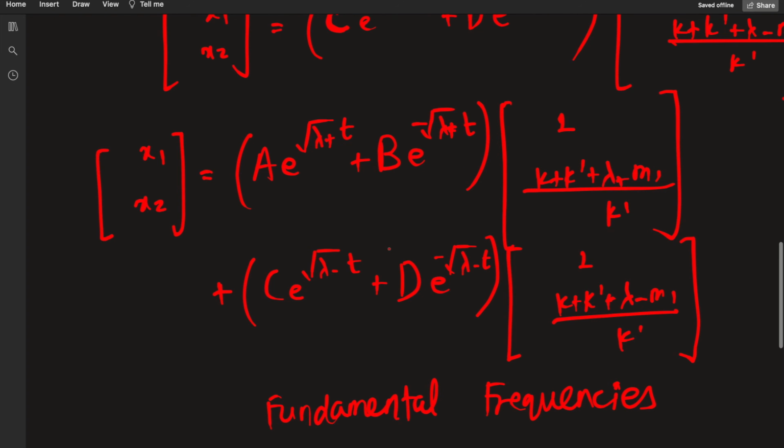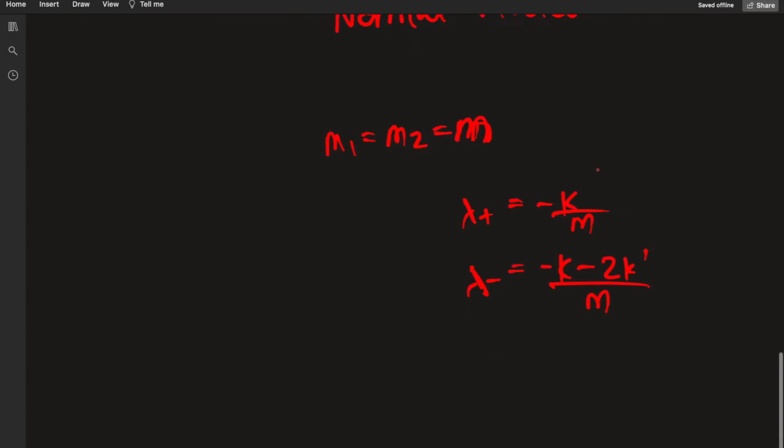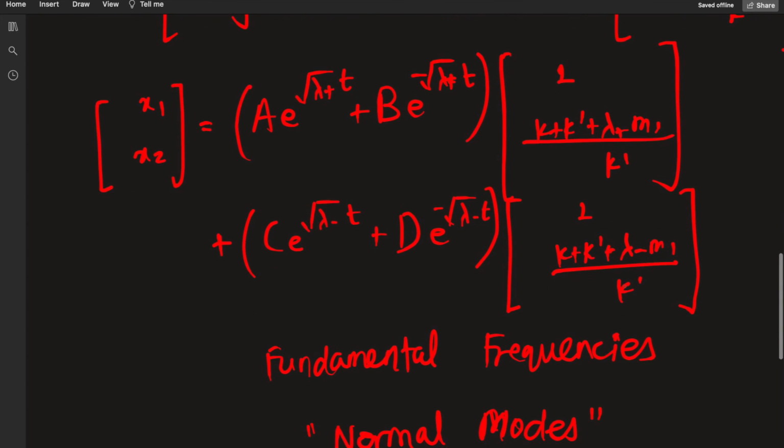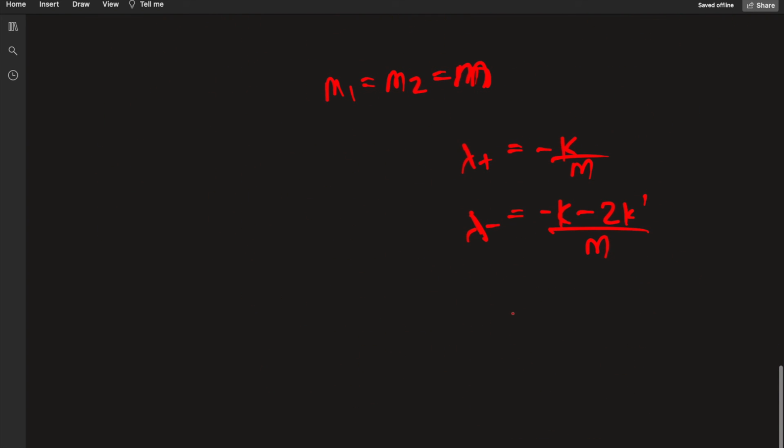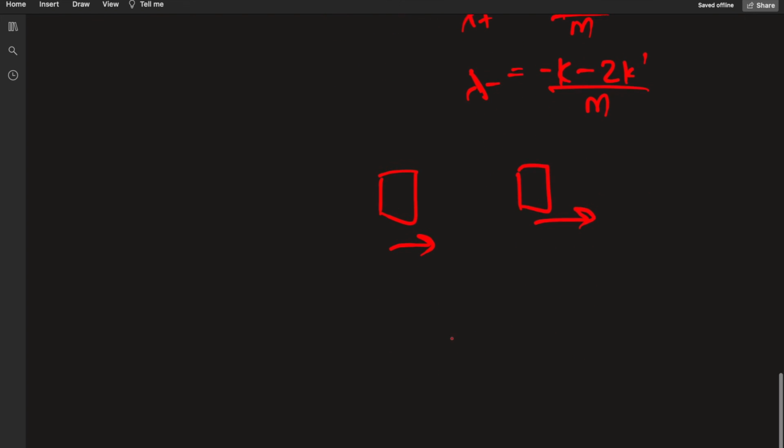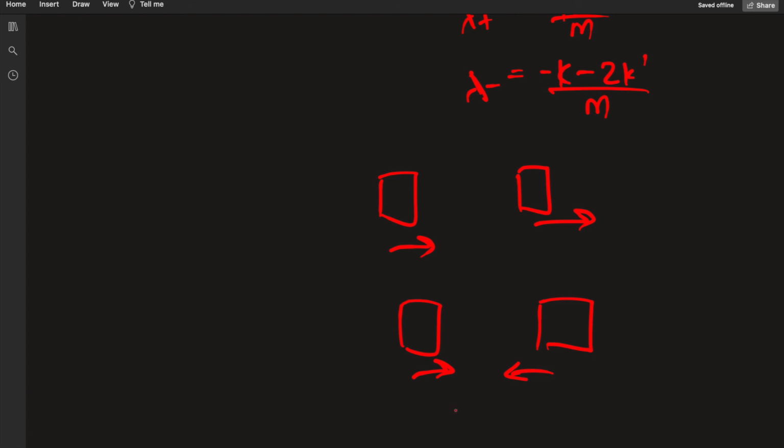And essentially even this breaks down into 1, 1 and 1, negative 1, these eigenvectors. If it's 1, 1, that means the blocks are in phase, they're moving to the right together or to the left together. And when the eigenvector is 1, minus 1, that's when they're moving out of phase 180 degrees. So one's moving to the right, the other's moving to the left, and vice versa.